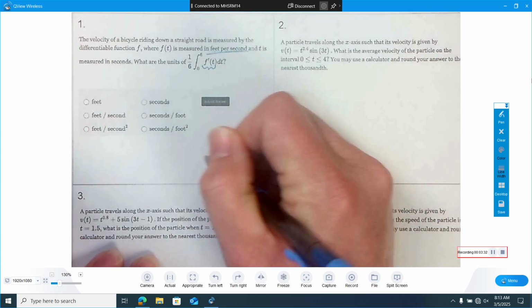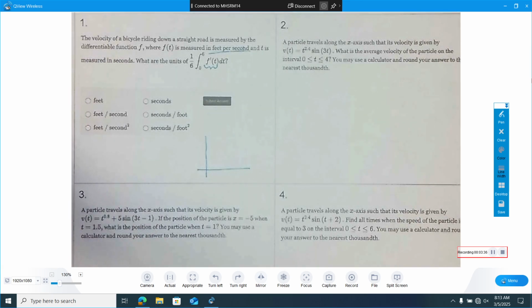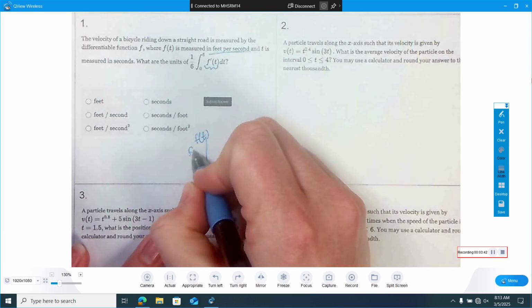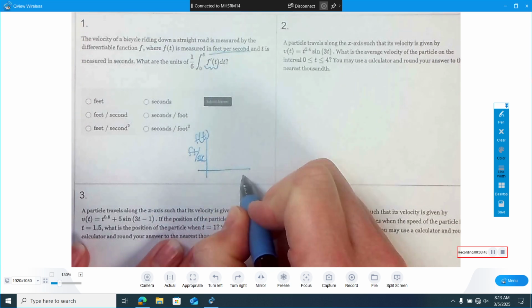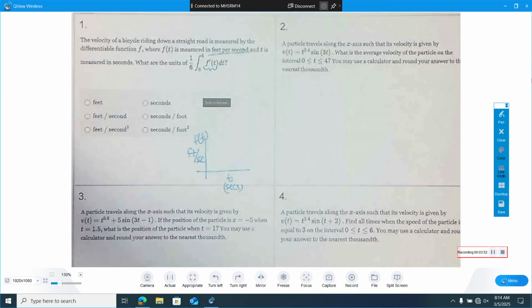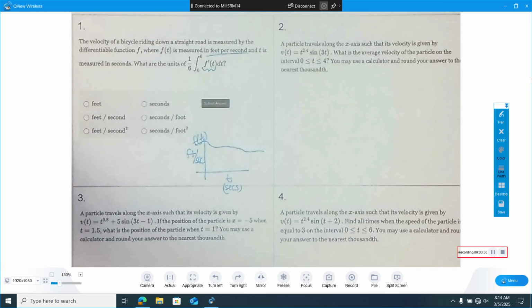I chose this one on purpose. When I'm thinking about my functions, I like to go back to the graph. So we have this f of t function, and its units are feet per second. And on the horizontal axis, t is measured in seconds. So we have some function, I don't know what it looks like, but there it is, there's our function f.